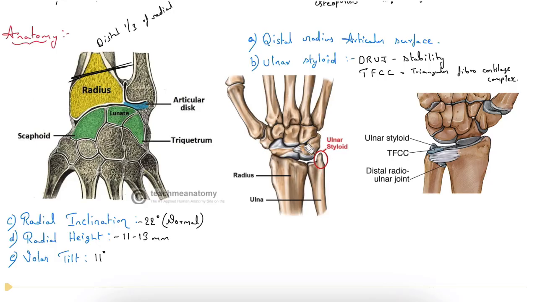This is the radial bone, right? The distal part of this radial bone is articulated with two carpals, that is scaphoid and lunate. This radius distal part is articulating with scaphoid and lunate, so this joint we call the radiocarpal joint.